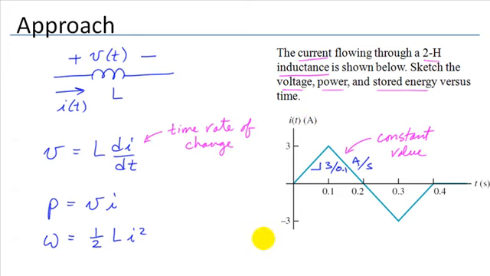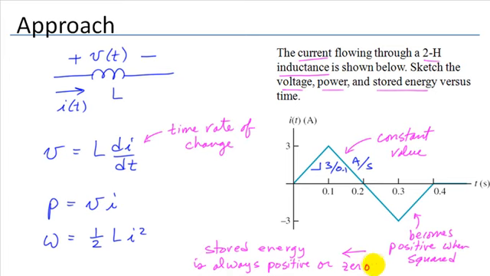Now when we square the current, we see that we have one section of the current that's positive and another section of the current that's negative. So the negative portion becomes positive when squared. And it's useful to remember that the stored energy is always positive or 0. Never negative.